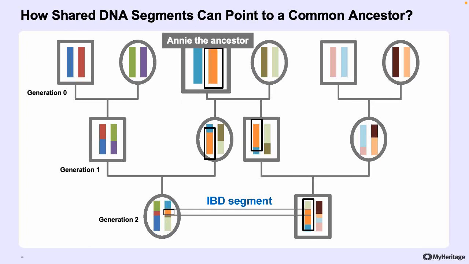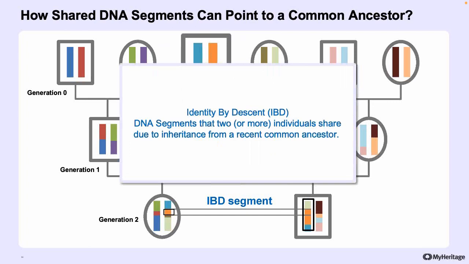The same location of this orange chromosome that is shared between these two grandchildren is called an IBD segment. IBD, or identity by descent, means that these are DNA segments that two or more people share due to inheritance from a recent common ancestor.